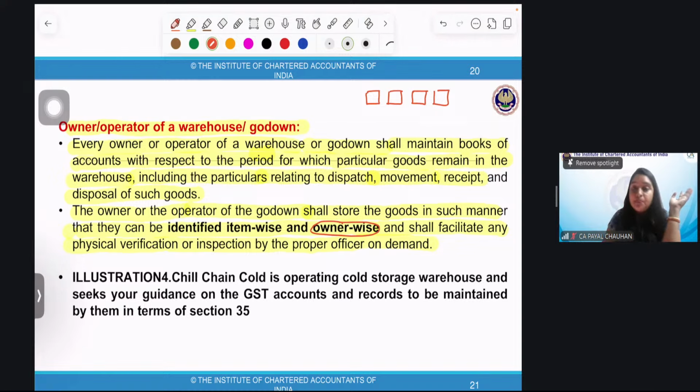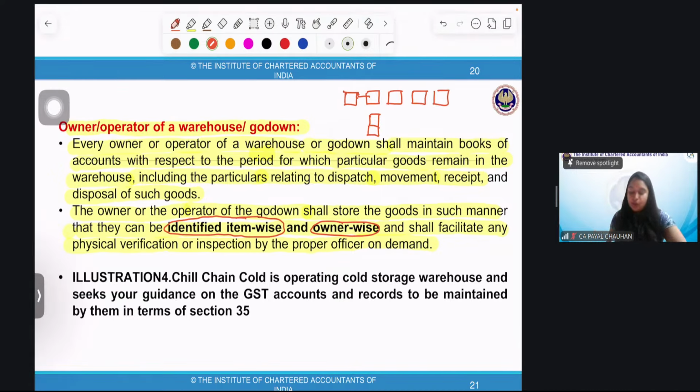Then again, Tanu has given me two types of goods, good one and good two. Can I keep them over one another? Or should I keep them in such a manner that they can be identified item wise? Yes, ma'am, you can keep it in any manner, but the main point is they should be identified item wise.